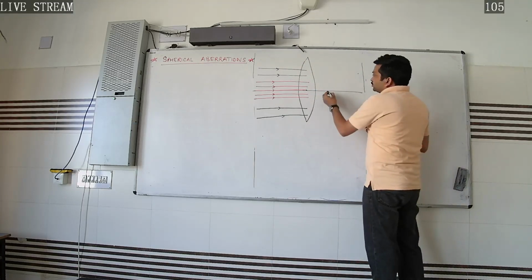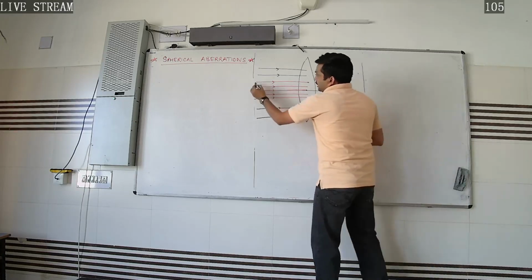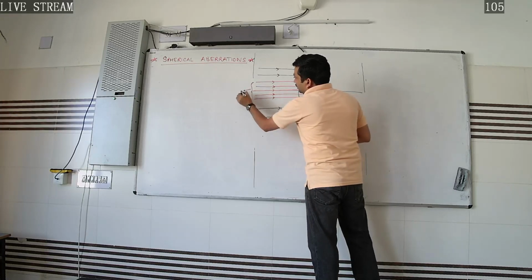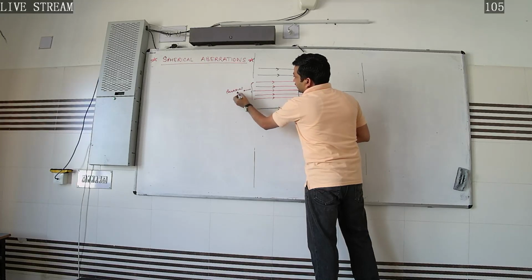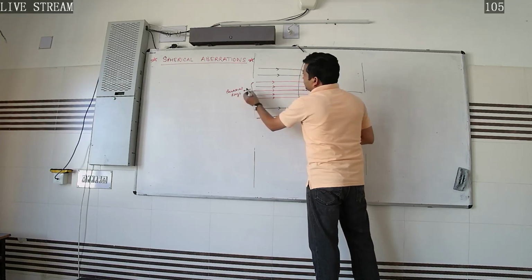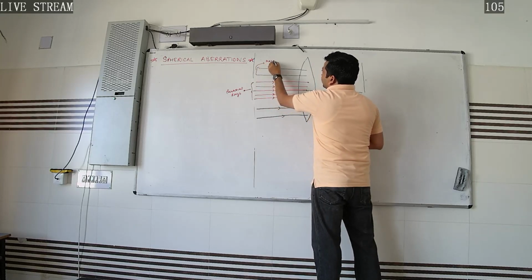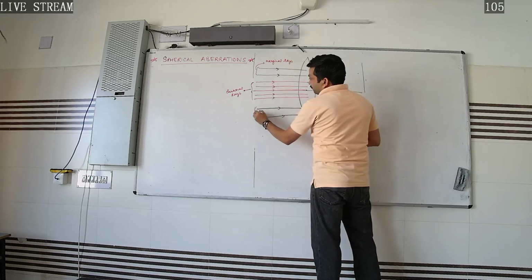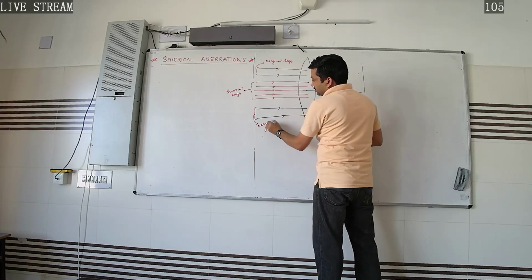So after refraction, what would happen? These rays are called paraxial rays, and these rays are called marginal rays, lying at a distance away from the principal axis.